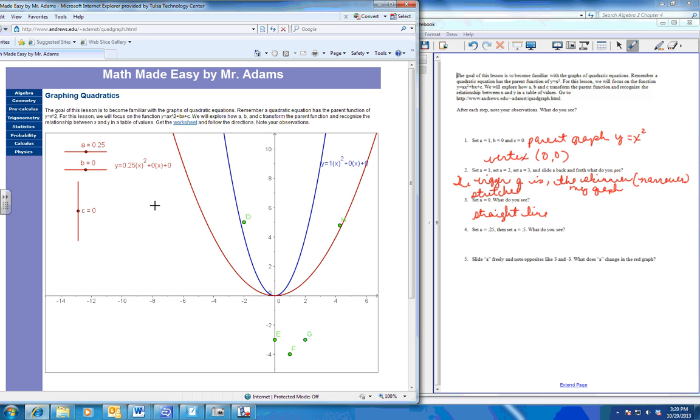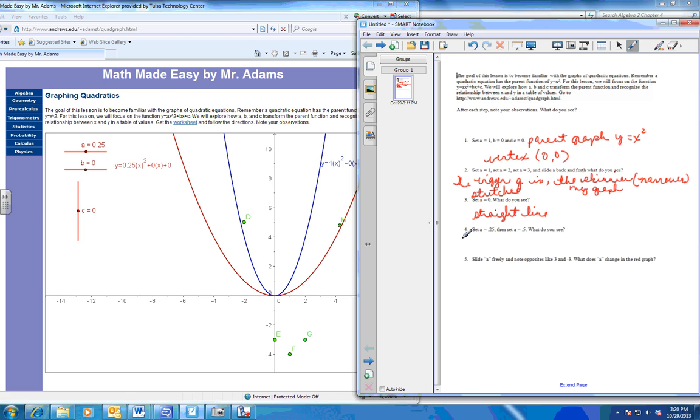It would be compressed. 0.25 and then at 0.5. I'll let you write down what you see. There's 0.25. The graph is wider, or compressed.